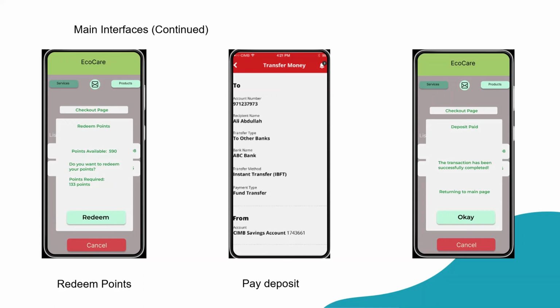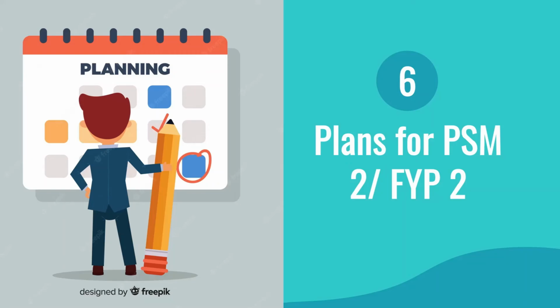So the customer can choose to redeem points, which displays a confirmation message, and the customer can press on redeem if they are sure they want to redeem the points. Or the customer can choose to pay the deposit, which will redirect the customer to the online bank payment page. Once the customer has paid either through points or deposits, then the job card and sales card will be automatically created. Next is the plans for PSM2.